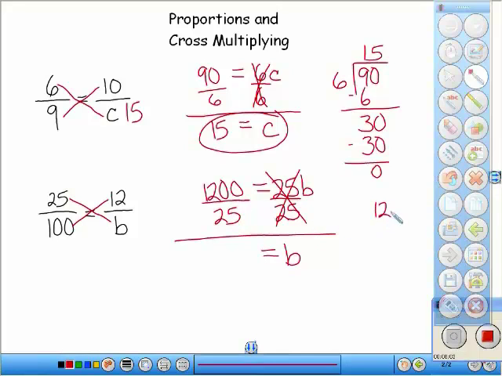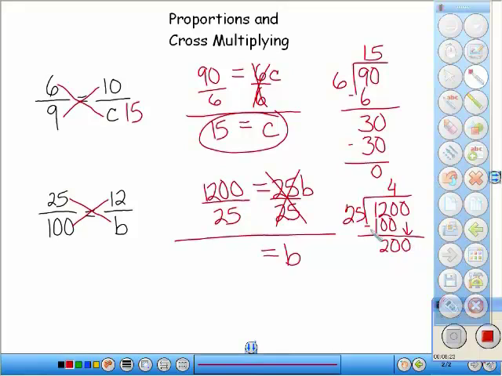Well, it may look like a pretty big problem, but it actually won't be that bad. 25 into, no, 1, not 12, 120. It will go in 4 times, which is 100. And if I subtract that out, I'm going to get 20. If I bring the 0 down, 200.